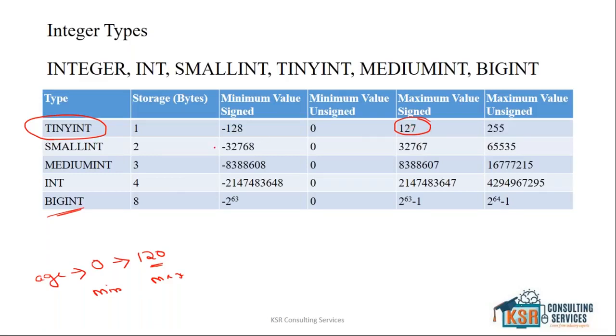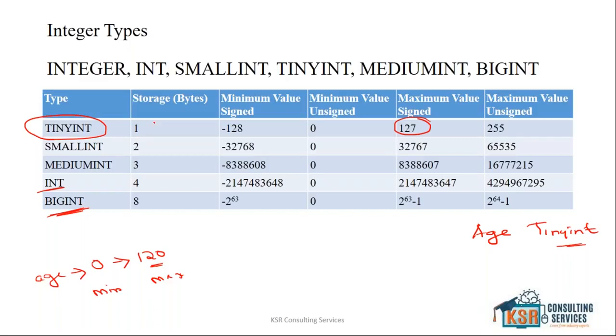If I'm using age as a column, I can go and use tiny int as a data type. Why would I use integer or big int? Other space will be empty, the space will be allocated, but in turn it's a very small number. Rather than going for big int, for age you can go with tiny int.